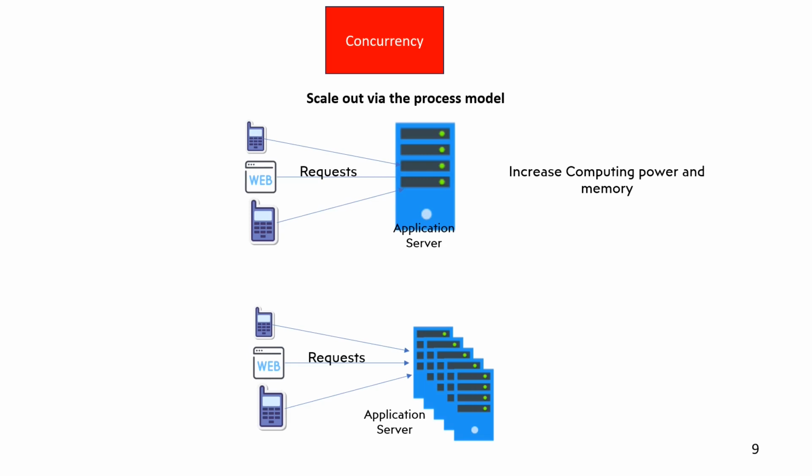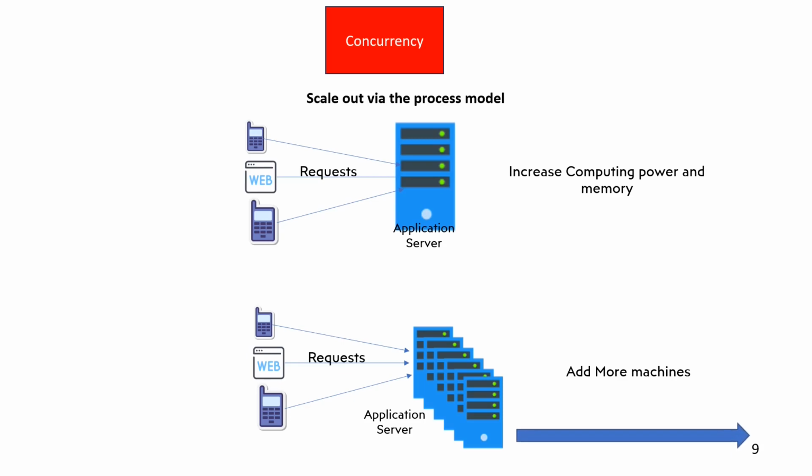So we have to make sure that our application is scalable either horizontally or vertically. Here we are scaling our application horizontally, adding more and more machines, so that we are able to support the concurrent transactions happening from the client.